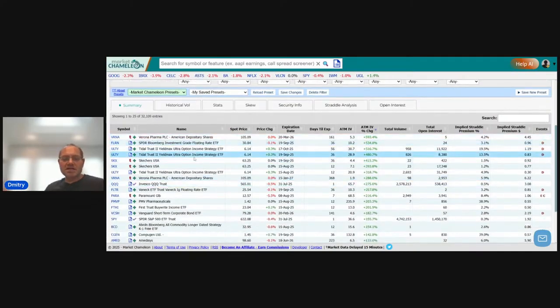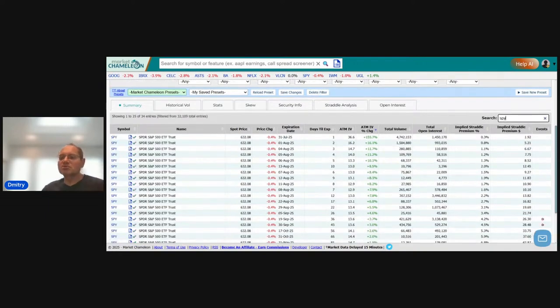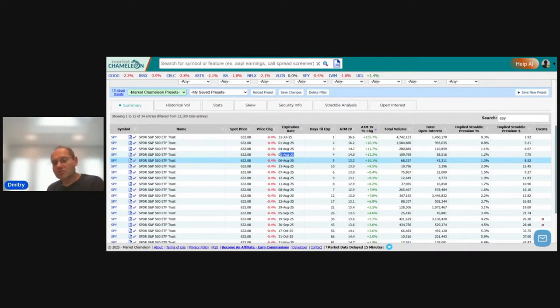lists the stocks that are available for trading options, that have listed options, and then it provides us with statistics and analytics on the expiration level. So for example, if we type in SPY in search, you can see that SPY shows up a bunch of times. The reason for that is it has different expirations, and for each of those expirations, we calculate analytics specific to that expiration.